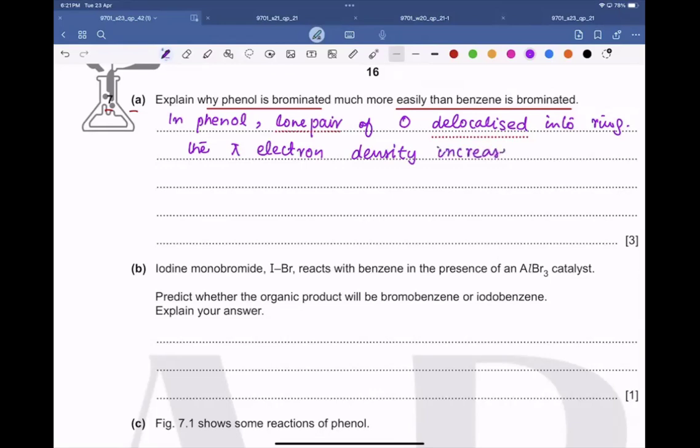Hence, it can polarize the electrophile more easily, because they all undergo electrophilic substitution, right? And it gets substitution, if you recall, because OH in phenol is an electron donating group.